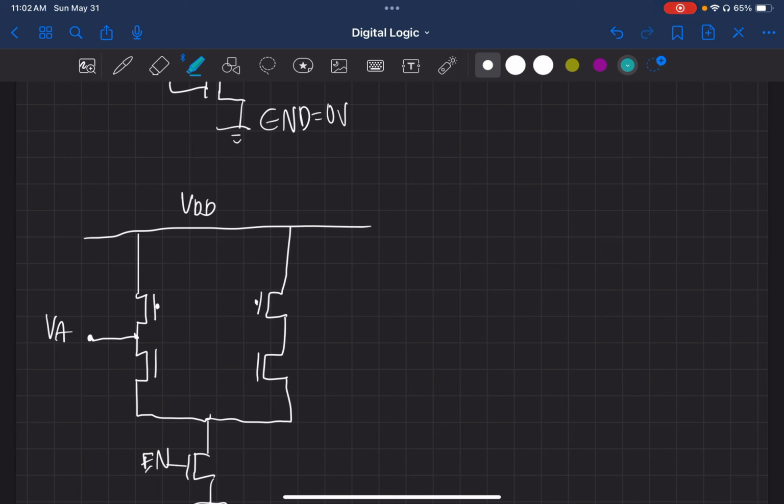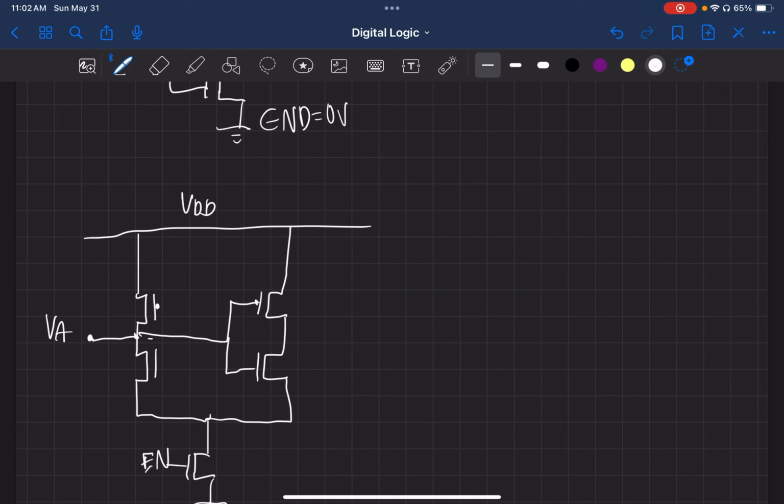But interestingly enough, we're also going to have it be the input to these gates. So it's going to be driving this inverter.